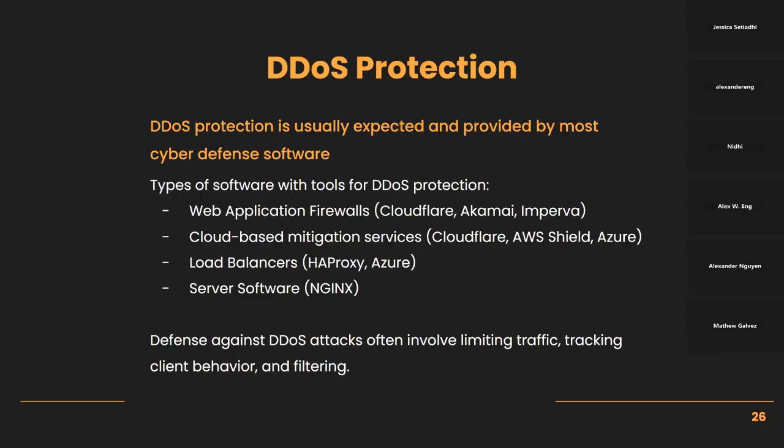So some types of software with tools for DDoS defense include web application firewalls, cloud mitigation services, load balancers, and some server software also has tools to help defend against DDoS attacks. Usually, defense against DDoS attacks involves limiting traffic, tracking client behavior, and filtering.